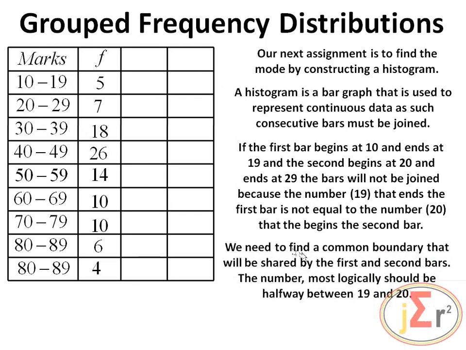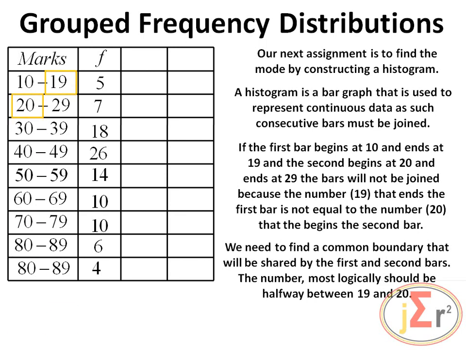We need to find a common ground called a boundary that will be shared by the first and second bar. The number most logically shall be halfway between 19 and 20.